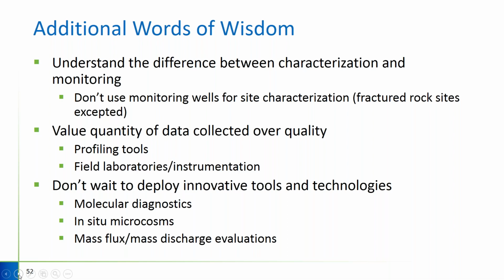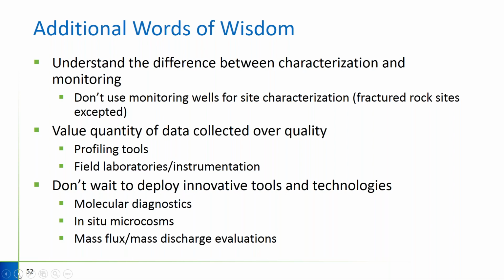So what this really means is ITRC really strongly advocates to not use monitoring wells for some of this initial site characterization. Just because there are so many great tools that are available, that I've talked about a lot of them already. Some of the profiling tools, some of the real-time measurement tools, those are appropriate for site characterization. We really want to get away from, now obviously this is at sites where you can do direct push, for example.